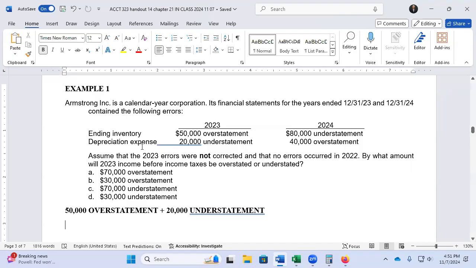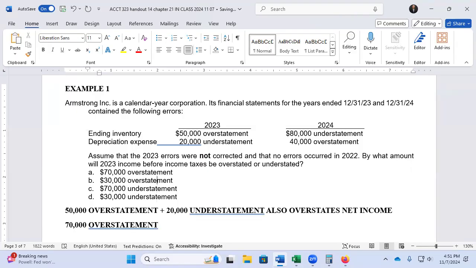And this understatement here, depreciation expense, the 20,000 understatement also overstates net income. So here you have a 70,000 overstatement. So the answer is A.